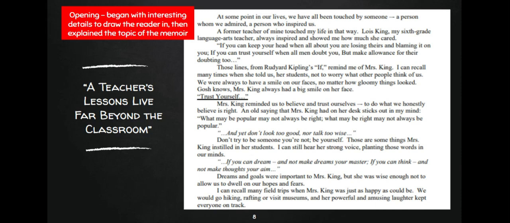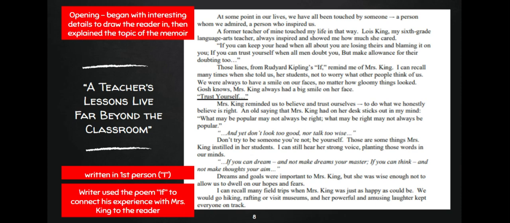Before I go to the next slide, which finishes this memoir piece, I wanted to point out how throughout it's very obvious that it's first person. And what the writer has done, beginning here in the fourth paragraph, is connecting a poem that reminds our writer of Mrs. King, and take note that each time there's italics, that is something from the actual poem.